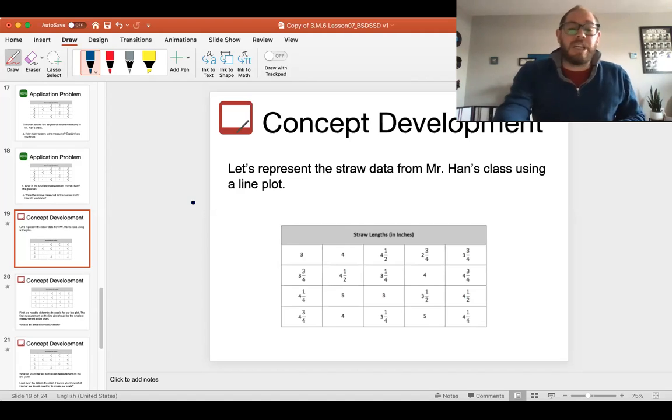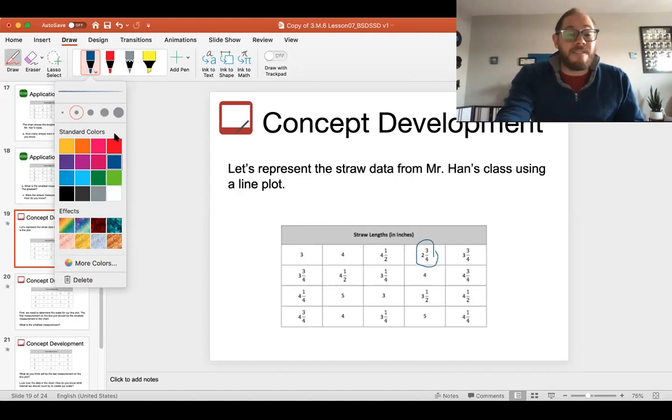And we already know our smallest measurement because we did that in our application problem. So we know that 2 3/4 is the smallest number. And we know that, here we go, I'll circle it for us, 5 is the biggest number.